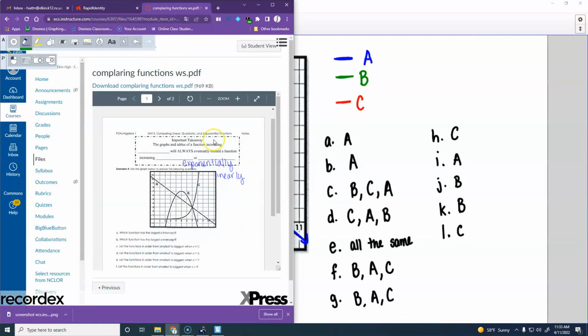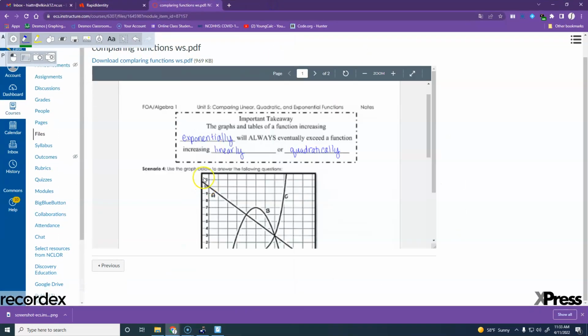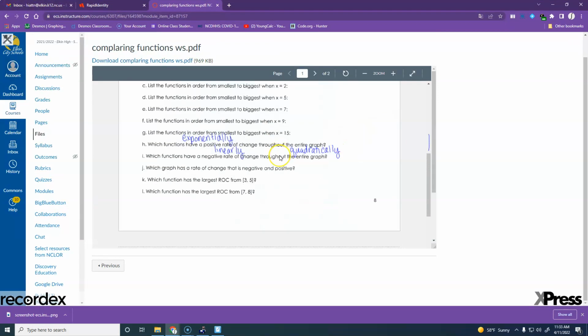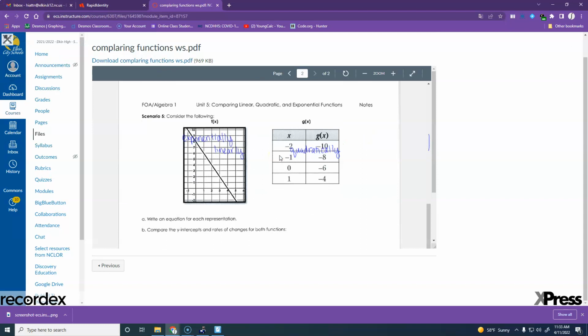I'm going to explain what I want you to do. All right, for the back, it's going to give you a table and a graph.